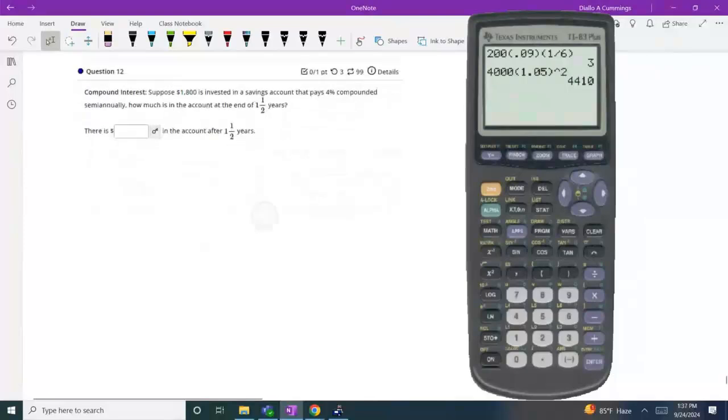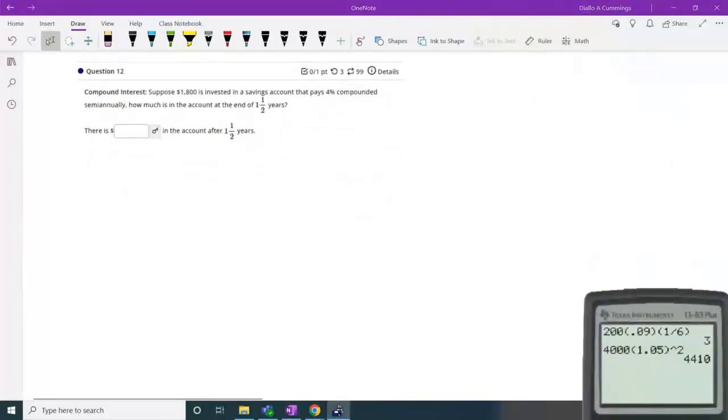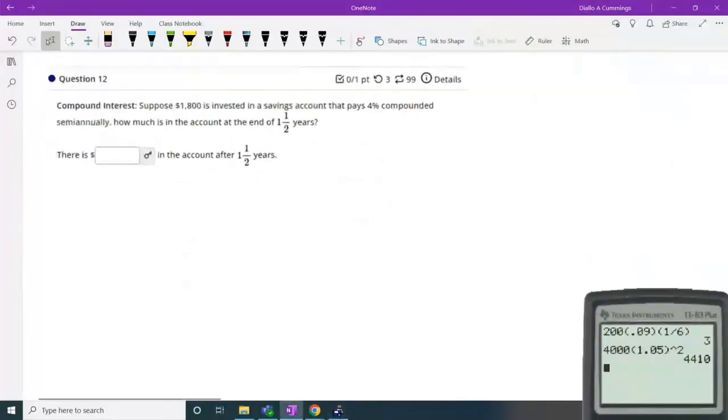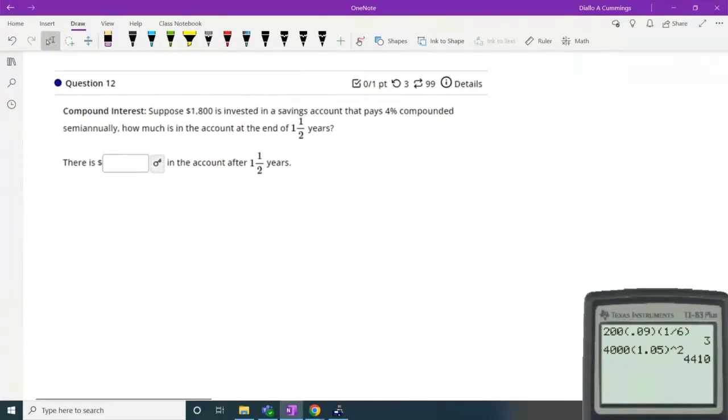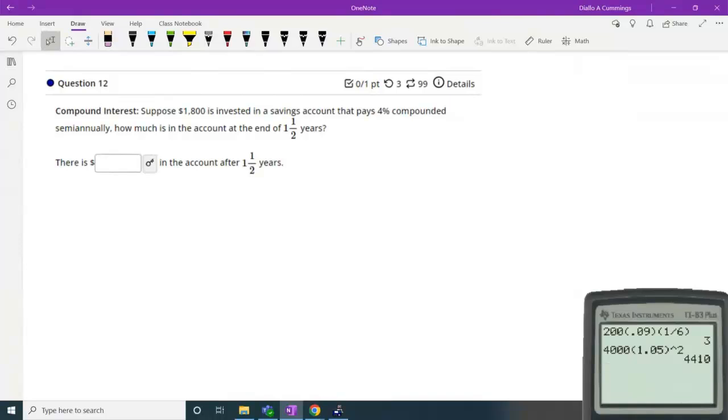All right, and then the last one, number 12. Here again, it's a compound interest application. Suppose $1,800 is invested in a savings account that pays 4% compounded semi-annually. How much is in the account at the end of 1.5 years?